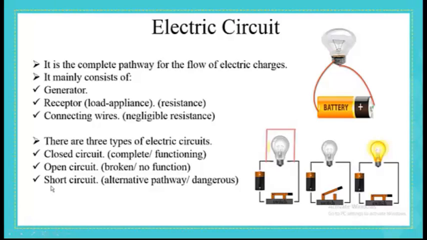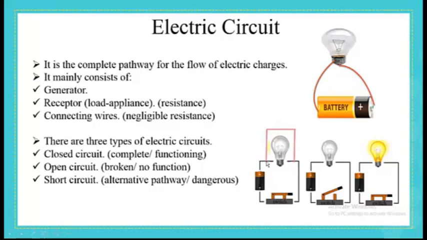And finally, we have the short circuit, which is characterized by an alternative pathway. So let's have a look right here and let's say that this is the current flowing out of this point, reaching this particular point. We have two pathways, one holding a lamp and one is just simply a connecting wire. And we have seen right here that the lamp shows some resistance while the connecting wire shows negligible resistance.